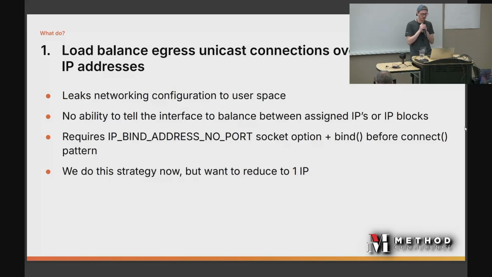So number one, load balance egress unicast connections over 2 or more IP addresses. We already do this. And again, the problem is we don't want to have more IP addresses. Now, in an IPv6 case, this is a perfectly valid strategy, right? We saw it before where we only had three IPv4 addresses and how fast that was.